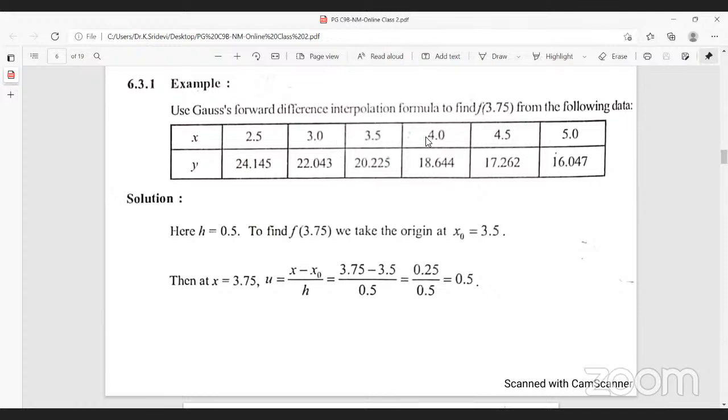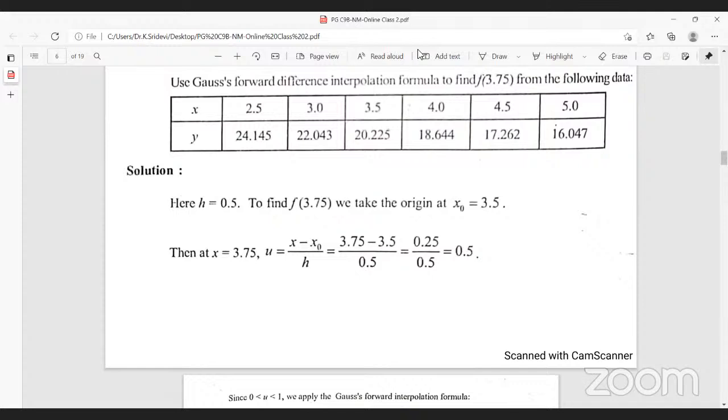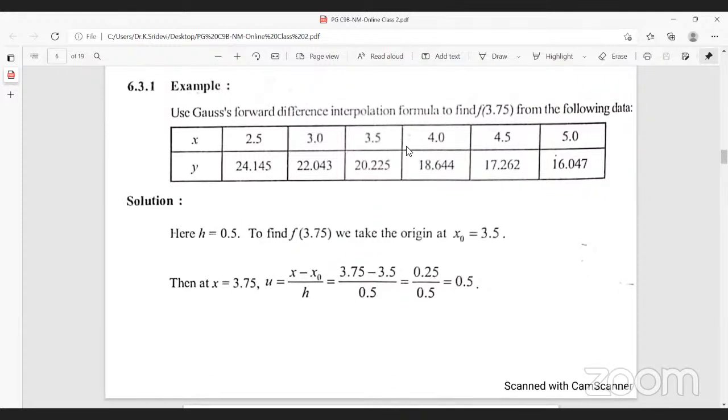How many x values are there? 6 values. If we take 6 values, what is the center value? There are 6 values, so we can choose the middle value of x according to the given value. This is the given value for finding the functional value, 3.75. If x is equal to 3.75, where is it?